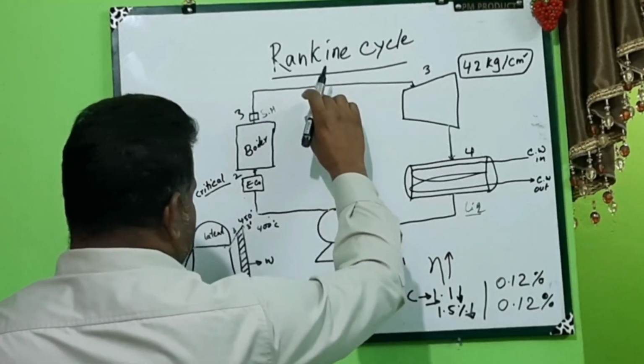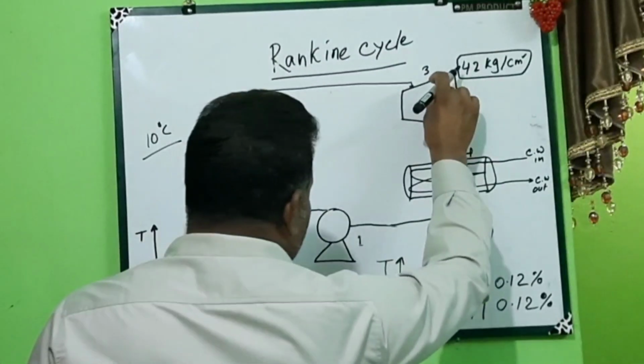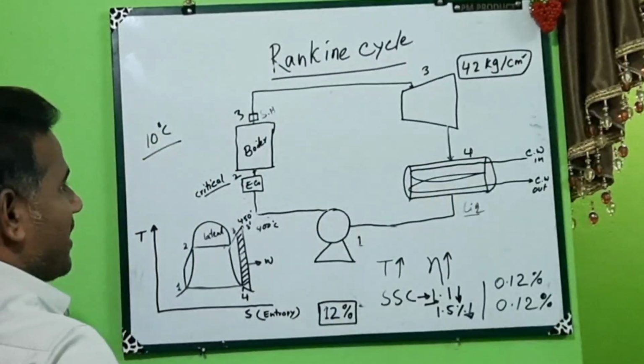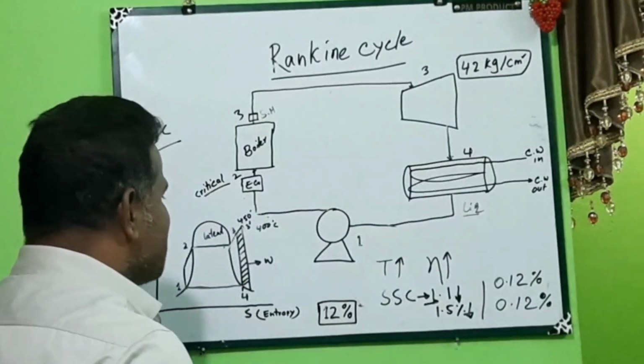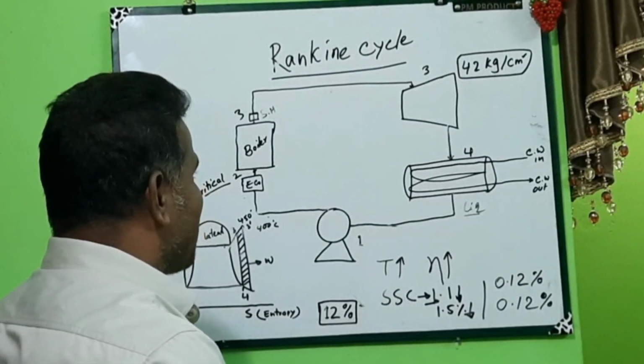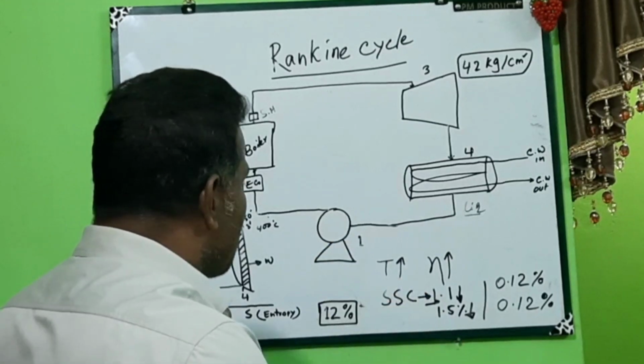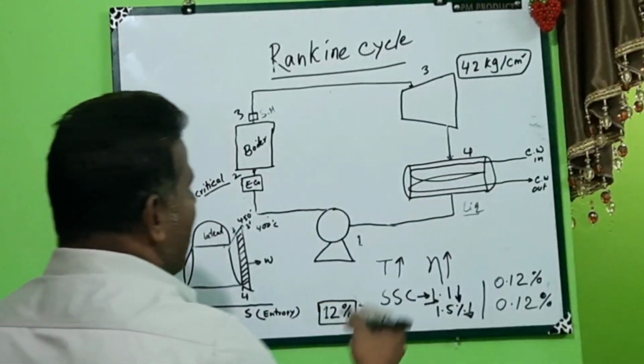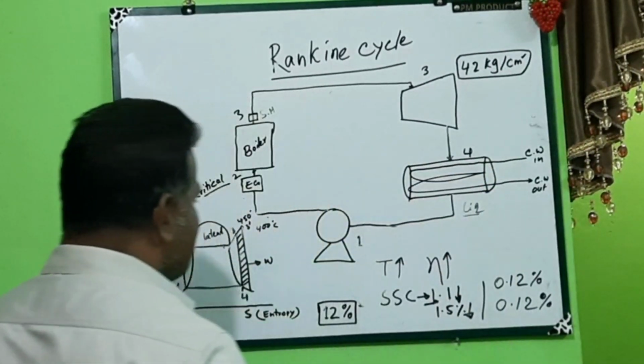So if this steam is provided to the turbine, what will happen? This turbine efficiency will be increased. Why will it increase? Because this side already has more energy, and it will rotate the turbine more, and this turbine efficiency will be increased.